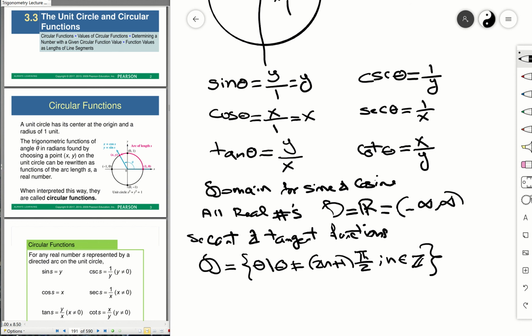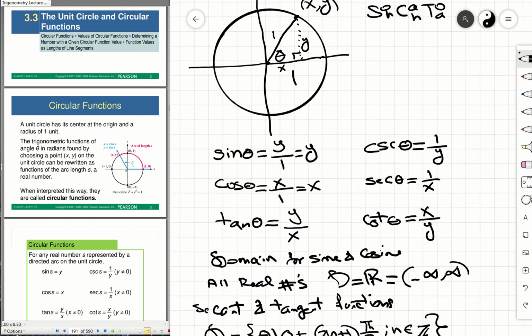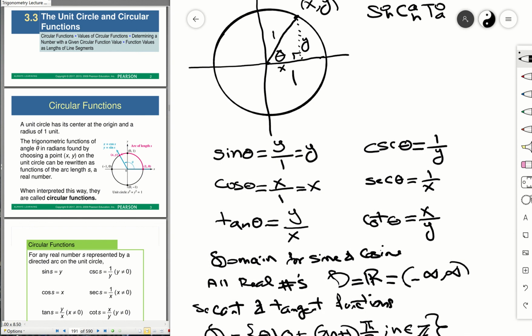secant and tangent. Now, for cosecant and cotangent functions, notice that cosecant and cotangent get in trouble when y is 0.